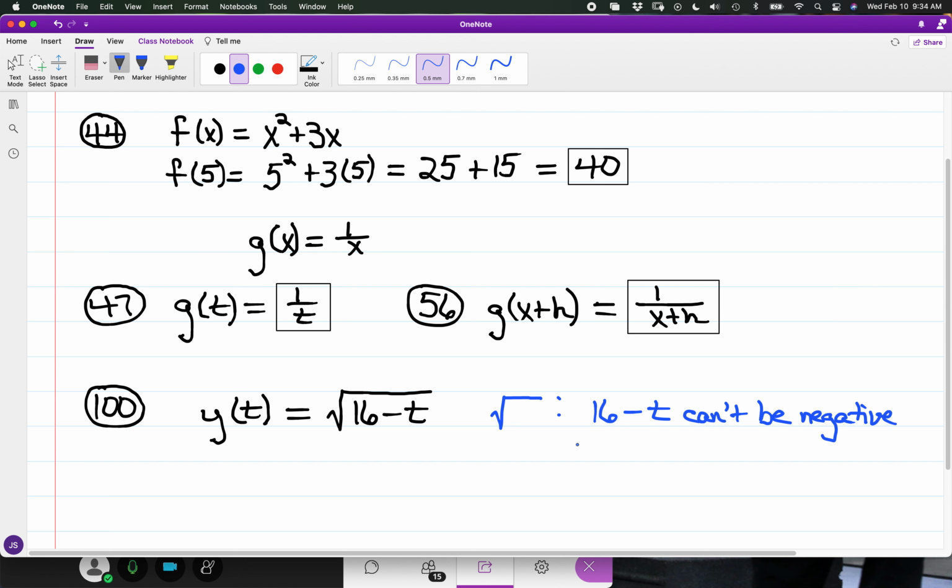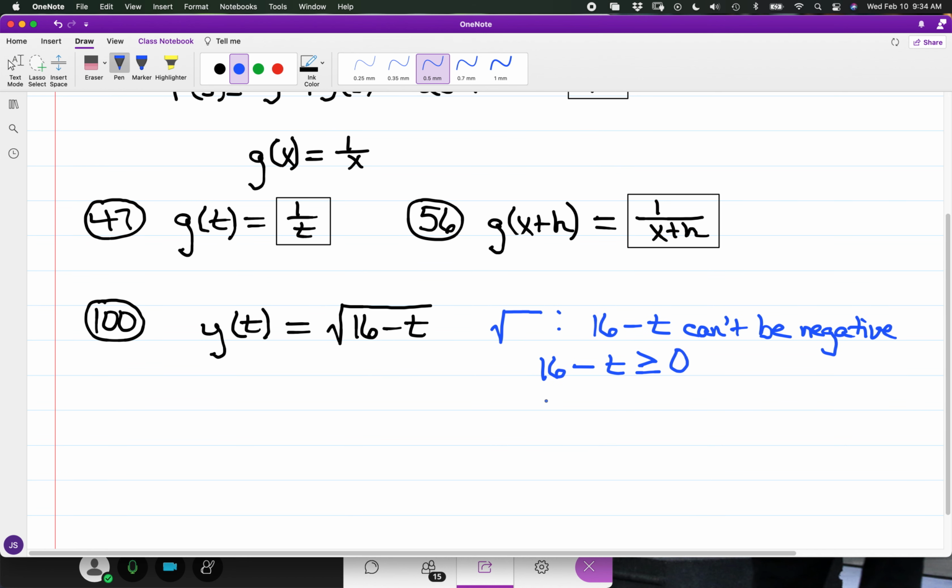And in creating a pathway forward, we can set up 16 minus t as a comparison to 0 inequality. Now, we can have 16 minus t to be 0 or positive. So we can start out looking at what we can find out for t.